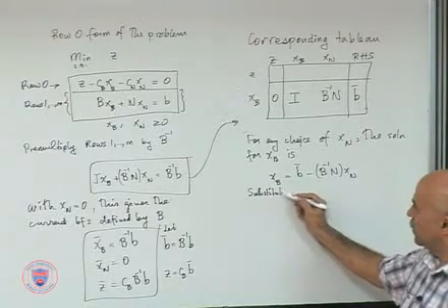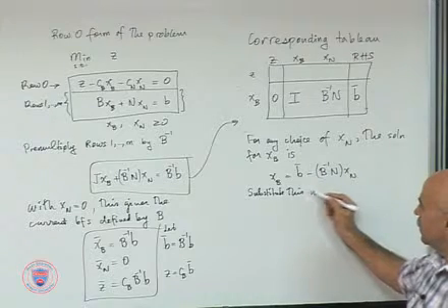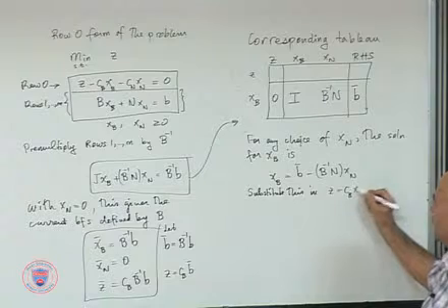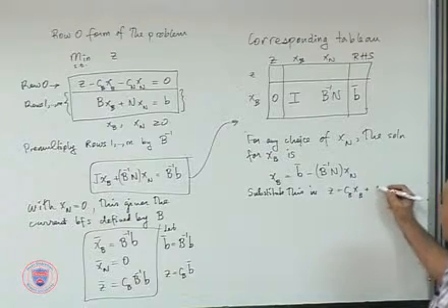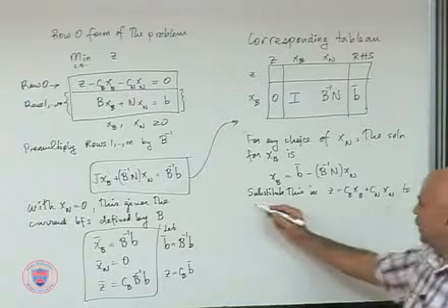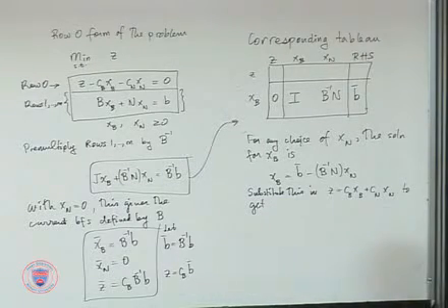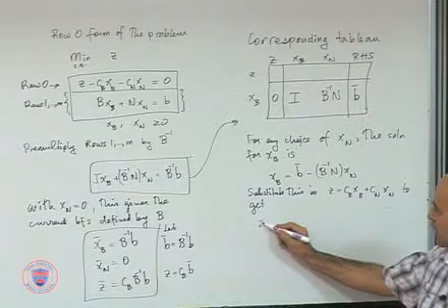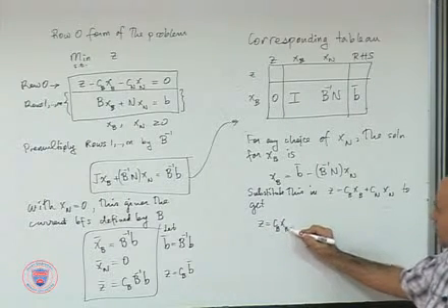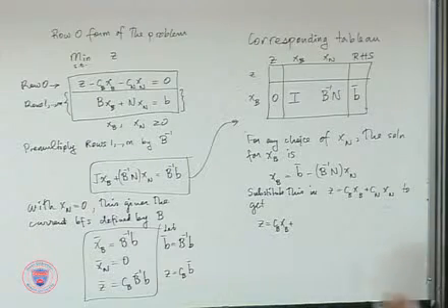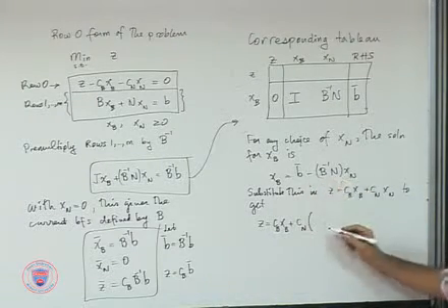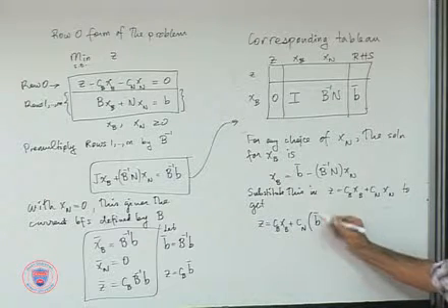Substitute this in the equation z equals cb xb plus cn xn.